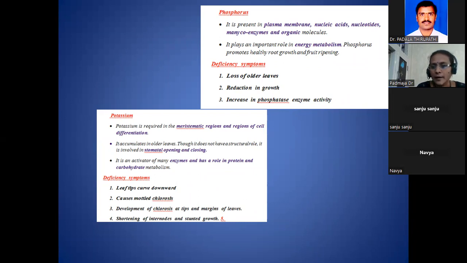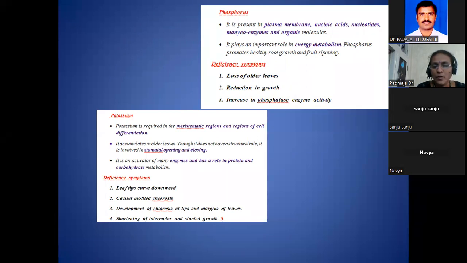The chlorophyll pigments will be affected, and the leaves become yellow in color, turn downwards, and even fall. That means the mobilization of this potassium from the older leaves to the younger leaves, this movement, will also be taking place.